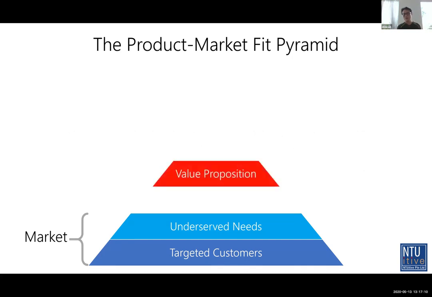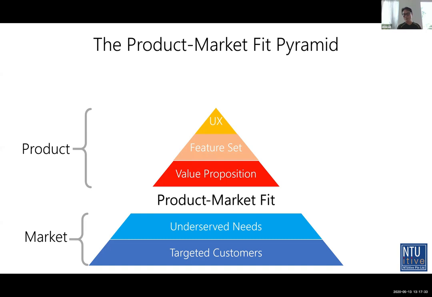On top of it is your value proposition, which will be able to serve the need. Behind the value proposition are features, which build the value proposition, and ultimately on top is the UI and UX, the user experience. The top part we call product. The gap down there is what we call PMF, product market fit.